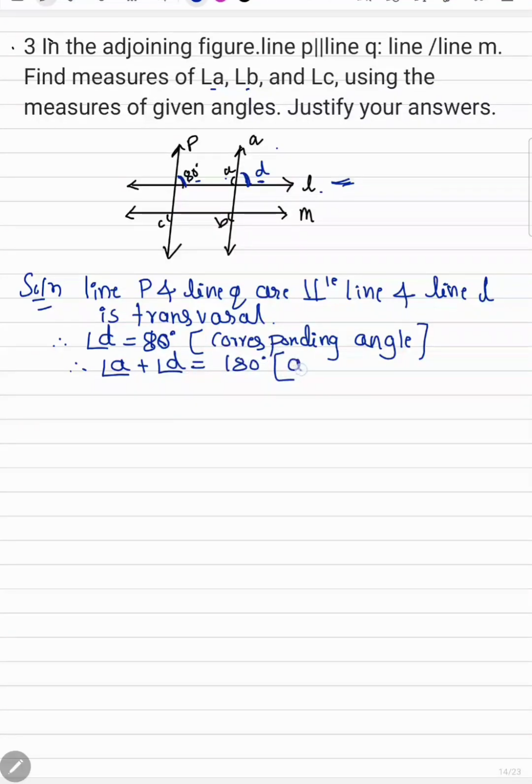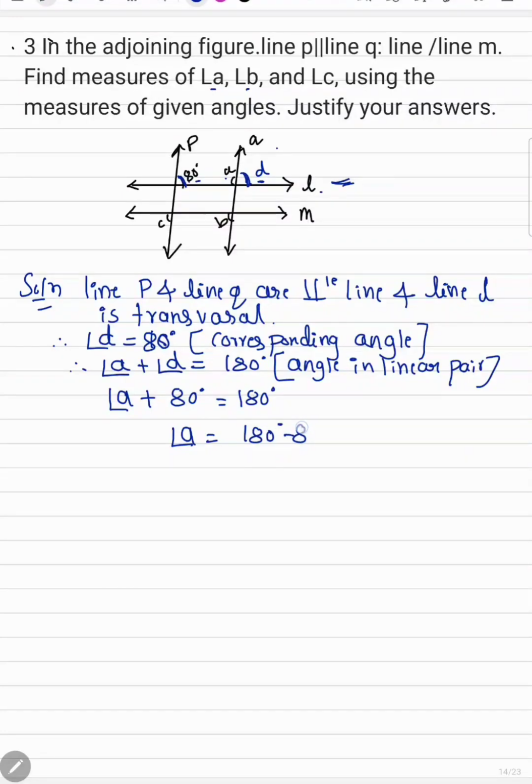Why? It is an angle in a linear pair on a straight line. Angle A is unknown, angle D is 80 degrees, so angle A is 180 degrees minus 80 degrees. Then angle A is equal to 100 degrees.